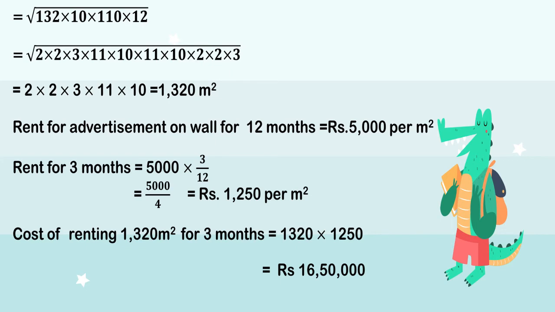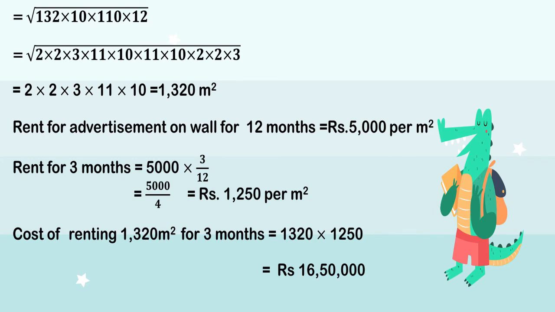Now I have a single pair of 3, so I will move one 3 outside. I have a single pair of 11, I will move one 11 outside. I have a single pair of 10, I will move the 10 outside. So after multiplying these numbers, 2 cross 2 cross 3 cross 11 cross 10, I get 1320. Use the rough work for your calculations, okay?